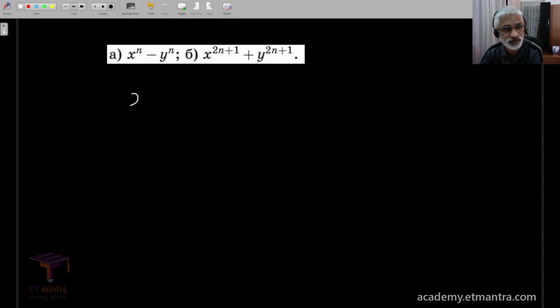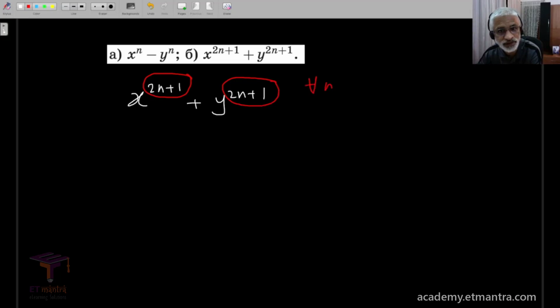This is an important one. x raised to 2n plus 1 plus y raised to 2n plus 1 can be factorized as long as the exponent is odd, and that is why it is written as 2n plus 1, because 2n plus 1 is odd for all n belonging to natural numbers. Now the answer for this is that x plus y is a definite factor of this.